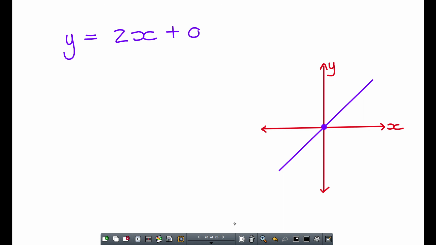So if I were to make x 0, y will be 0. En as ek vir y 0 maak, gaan x ook wees 0. Okay, nou hoe weet ek dan? Ons het altyd so klein driehoekie, want die verskil in y gaan wees 2 en die verskil in x gaan wees 1. That's how I get to that gradient of 2.